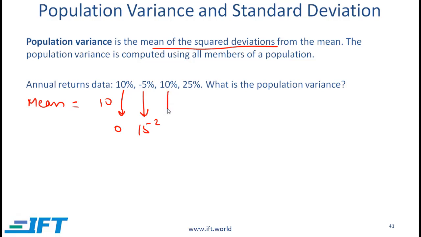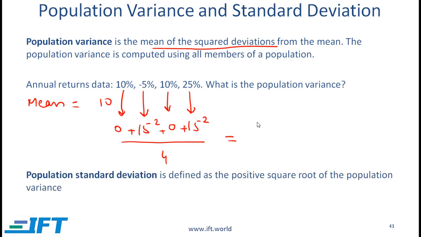Then the deviation here again is 0, and with 25 we have 15 squared. So we need to find the mean of these squared deviations. So we just add them all and divide by 4. And we get 112.5. So this is the population variance.